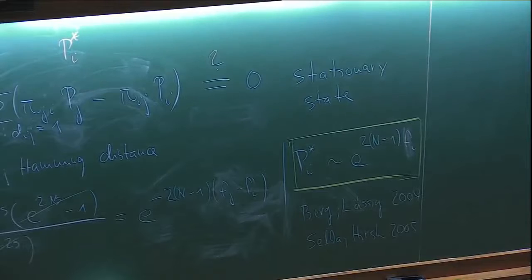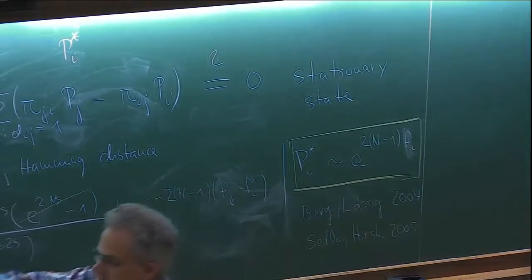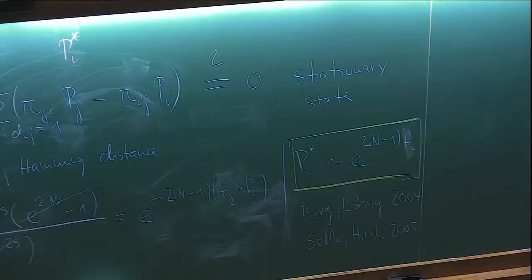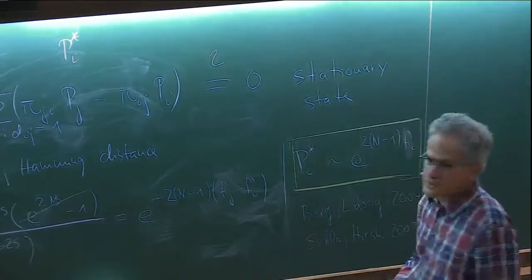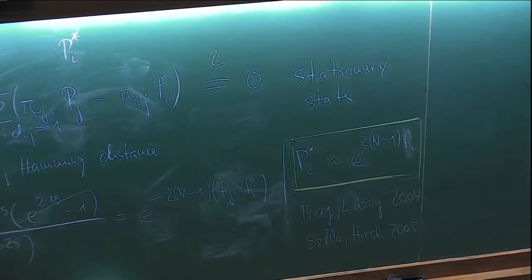But this is useful because, at least if you're in a situation where you have reasons to believe that selection has acted in a constant way over a long time, and the space that you're interested in has been explored, then by just looking at how frequent different genotypes are, you can infer at least the product of population size and fitness.